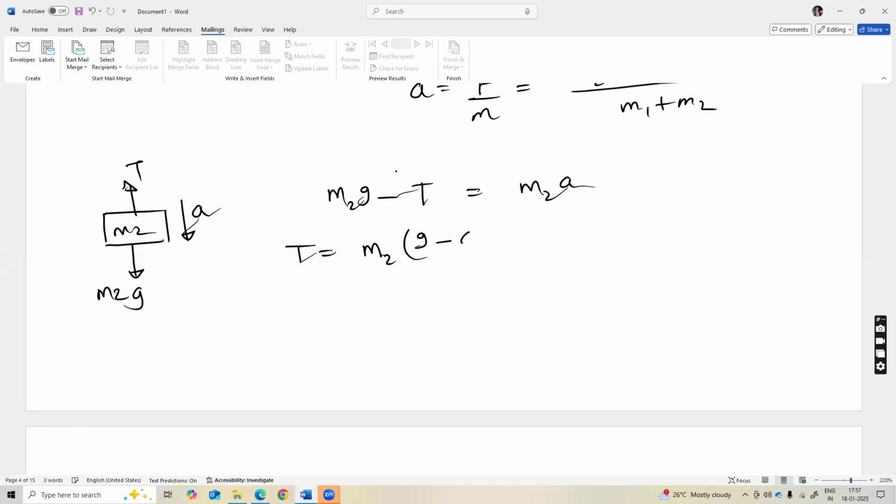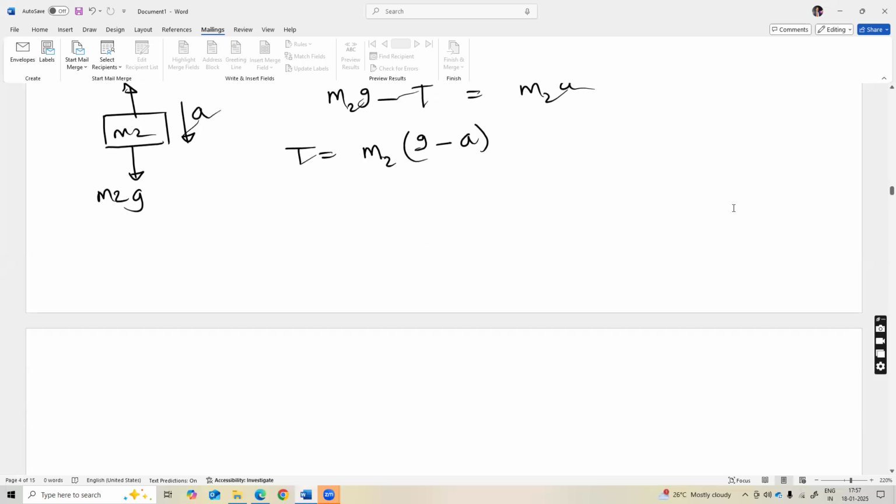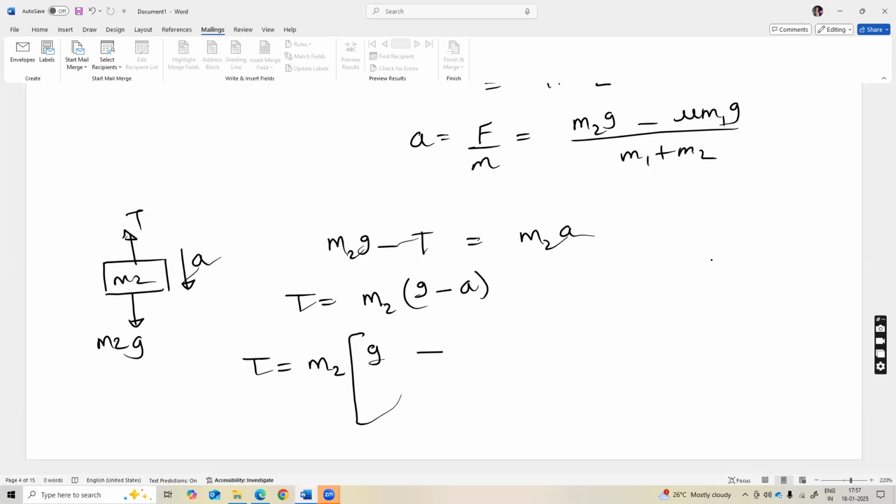So tension T is basically m2 into (g minus a). Now if we substitute the value of acceleration that we got above, we will get tension T is equal to m2 into g minus, in brackets, the acceleration, which is (m2 g minus mu m1 g) divided by (m1 plus m2).